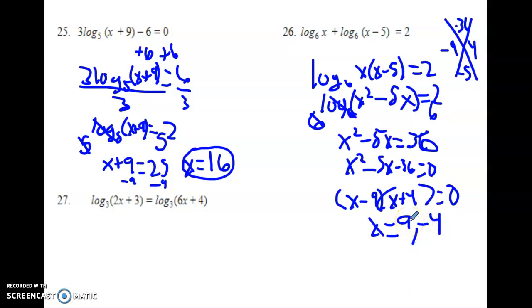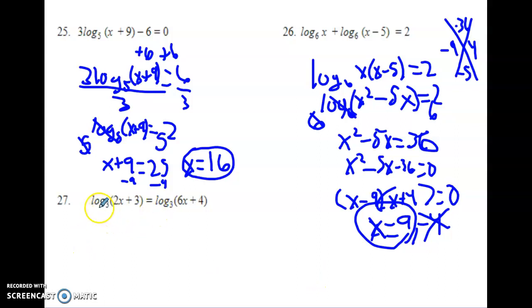Now if I check, if I put a 9 back in here, log base 6 of 9, yep, that's fine. Log base 6 of 9 minus 5, that still would be fine. But if I put this negative in here, you can't take the log of a negative number. So that makes this an extraneous solution. So your answer is just x equals 9.